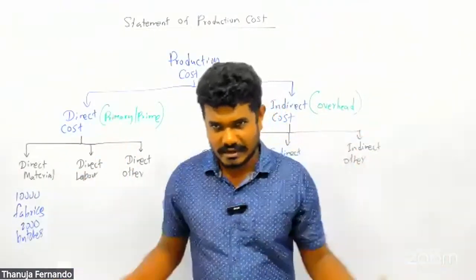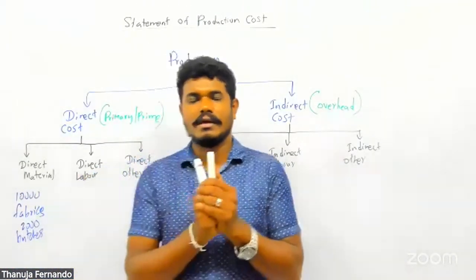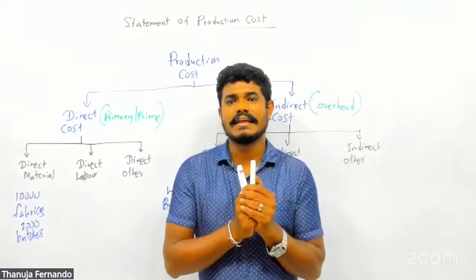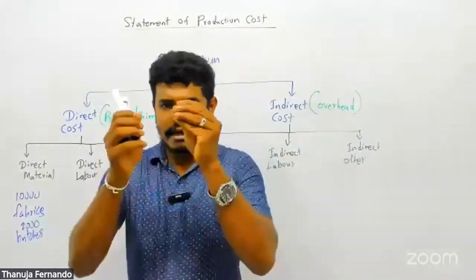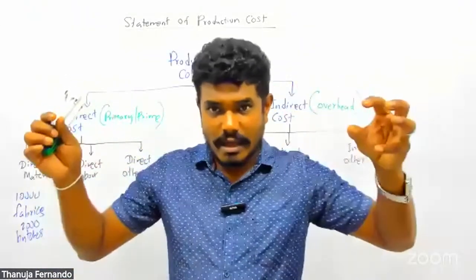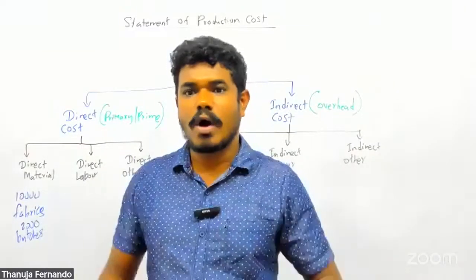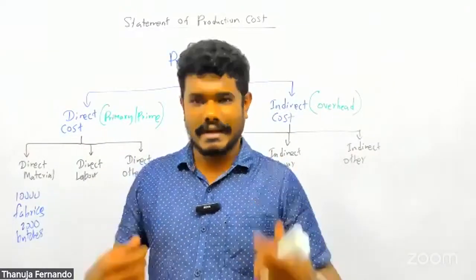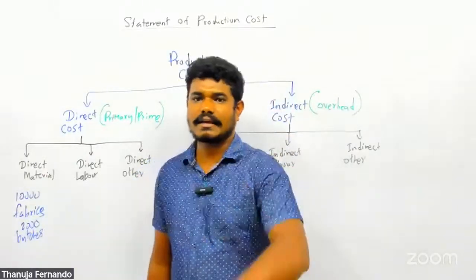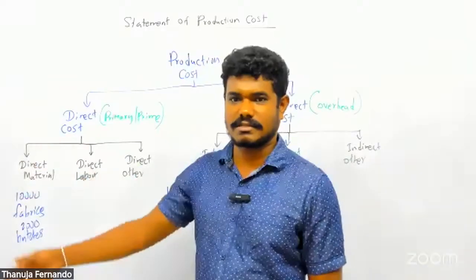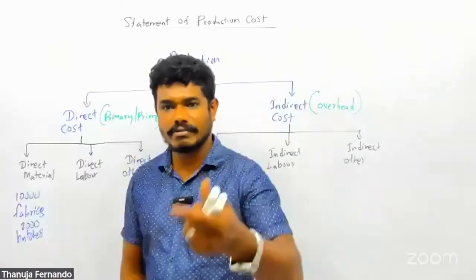So usually we are manufacturing in a factory or somewhere, right? Direct labor means the employees who are directly involved in the production, the people who are producing the product. Who is making this shirt? The operators, right? So they are the only direct labor. All the others, even supervisors, are indirect.